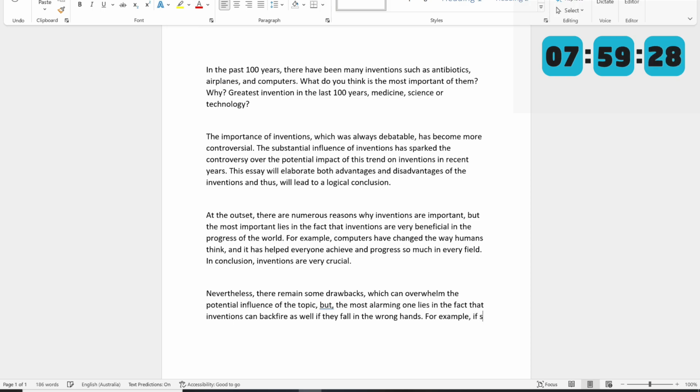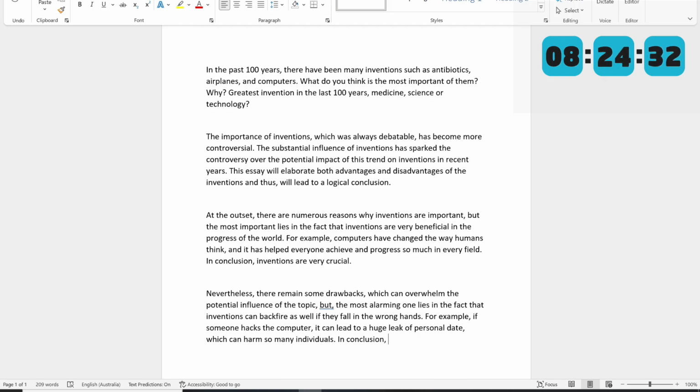Let's say, for example, if someone hacks the computer, it can lead to a huge leak of personal data which can harm so many individuals. That's it. I'm just thinking whatever is coming in my mind first, which makes sense and which is simple for me to understand, and job done.